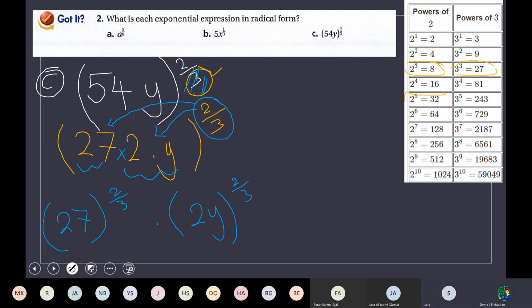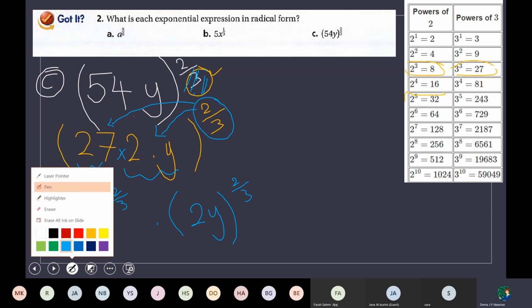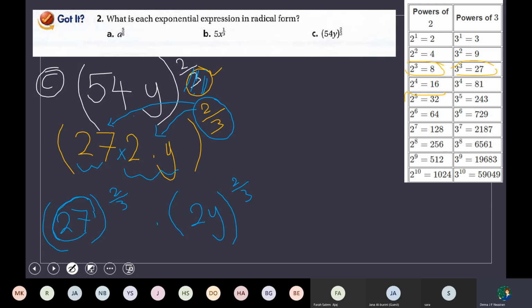Then after that, we distribute it: 27 raised to the power 2 over 3, and 2y raised to the power 2 over 3. Can I write 27 as 3 raised to the power 3? Yes.